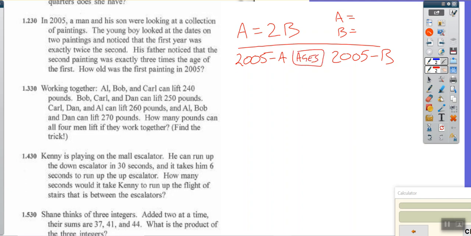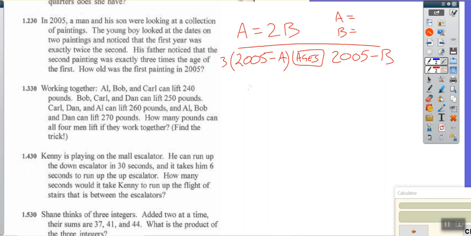Which means that his father noticed that the second painting is actually 3 times the age of the first painting. So which painting is older? B is older, right? Because 2 times the year that painting was made won't be the year that the other painting was made. So if I multiply this by 3, that will equal this.